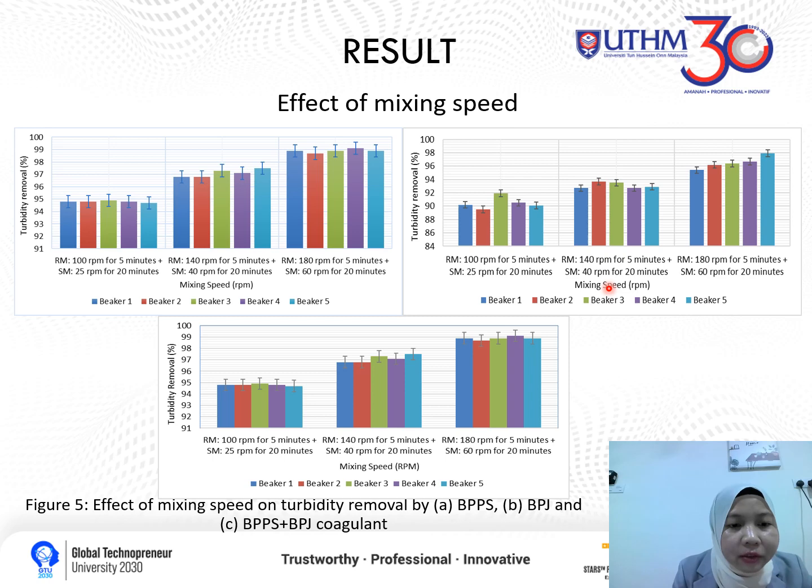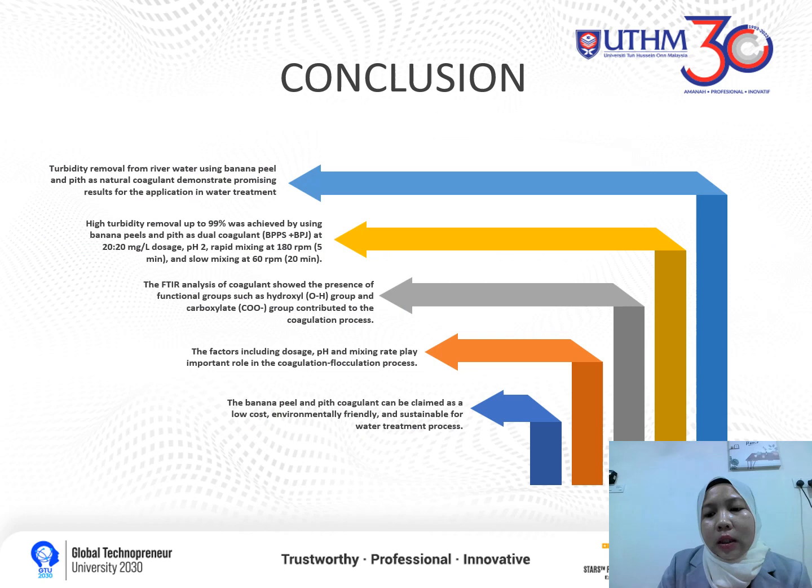So in this study, slow rpm was not to be considered on the floc formation properties. This finding is also consistent that the repulsive forces tend to stabilize the suspension and prevent the particle agglomeration. And last but not least, we have come to the conclusion.